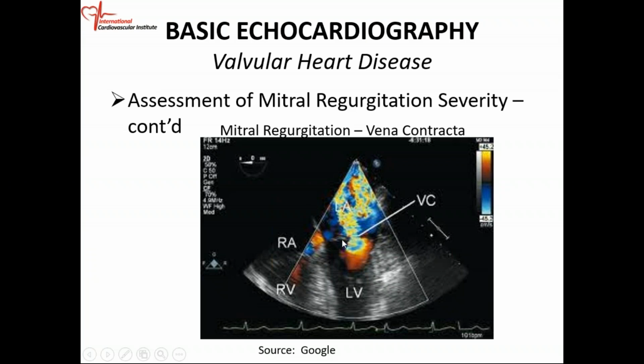And as we mentioned before, the regurgitation is going this way, and the narrowest portion is what we call the vena contracta. The area through which the regurgitation is occurring is what we call the EROA, effective regurgitant orifice area.